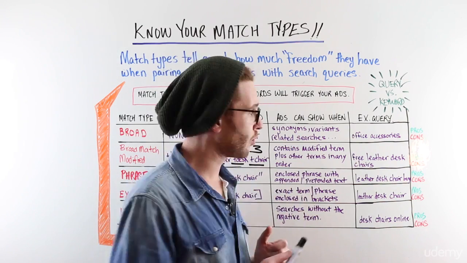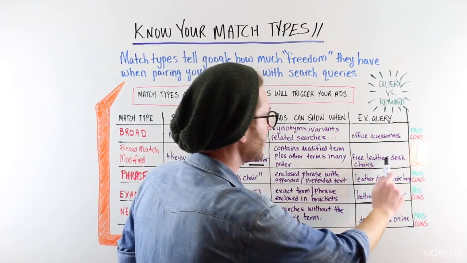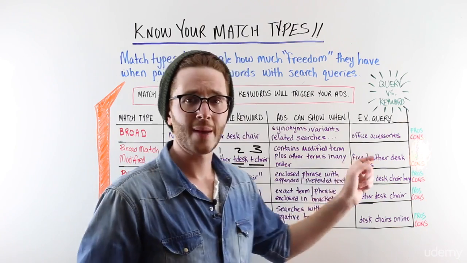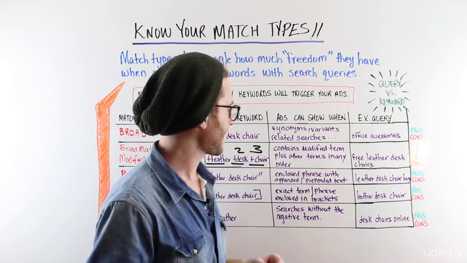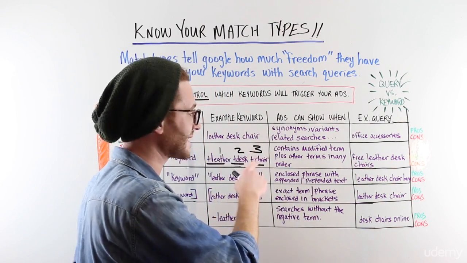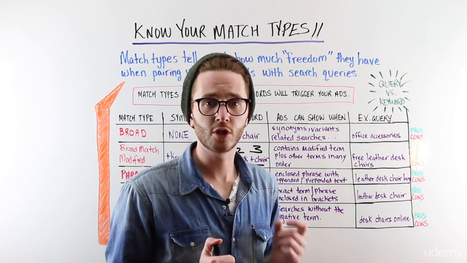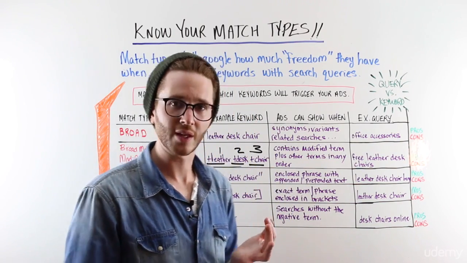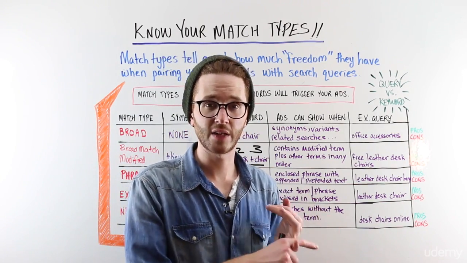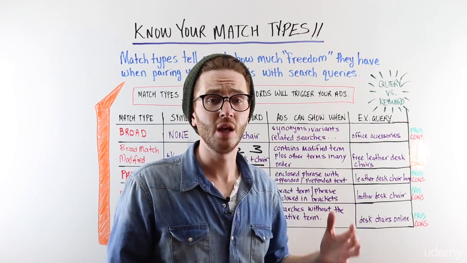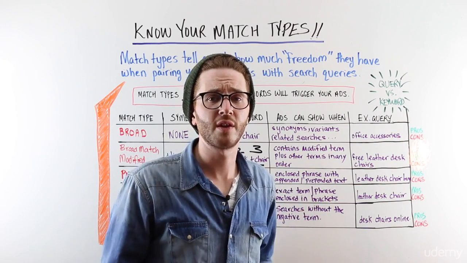But on the other hand, what could show? Free leather desk chairs. If somebody types into Google free leather desk chairs and my keyword was plus leather, plus desk, plus chair, my ad is eligible to show. Why? Because we're assuming that I haven't added the word free as a negative keyword yet, which would obviously be a smart and very important thing to do. But I didn't do that.